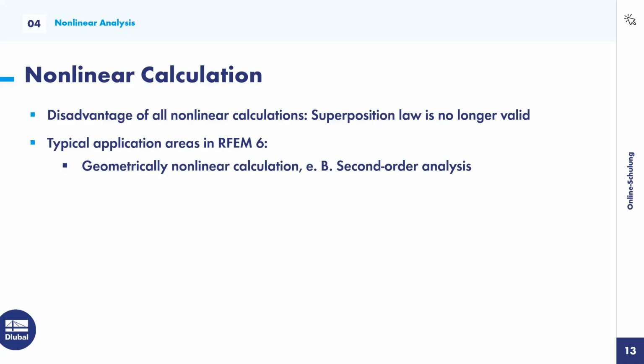Now, a geometrically nonlinear calculation includes P-delta effects, it's the second order analysis. That means we will apply a loading to the system, it will deform, and then we will again investigate the deformed system under the loading.